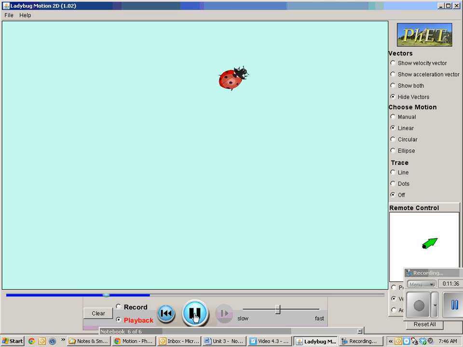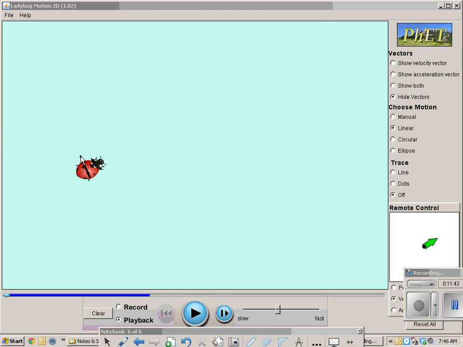All right, let me rewind it and play it again. Before I do, though, let's mark his starting spot. So, start. Okay, and then let's hit play, and I'm going to just count seconds to sort of imagine time elapsing. So I'm going to go 1 Mississippi, 2 Mississippi to indicate seconds passing.